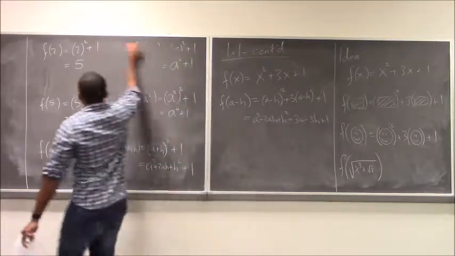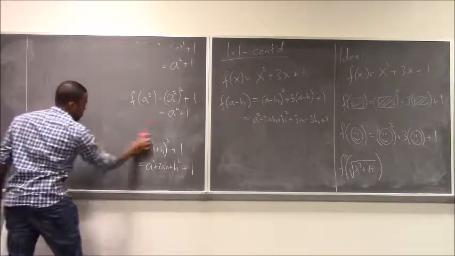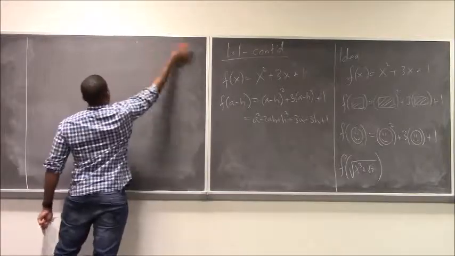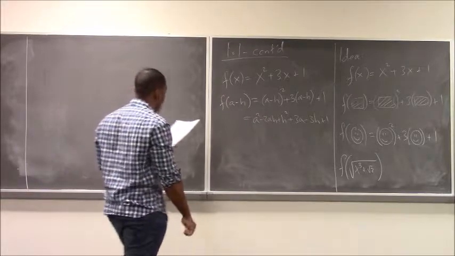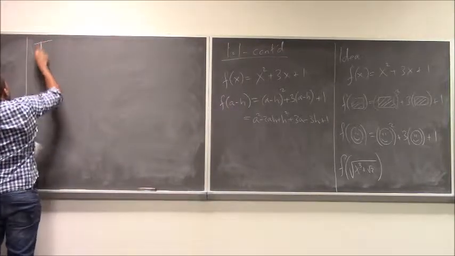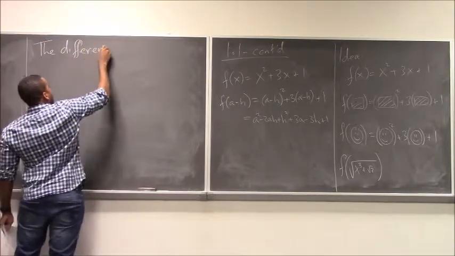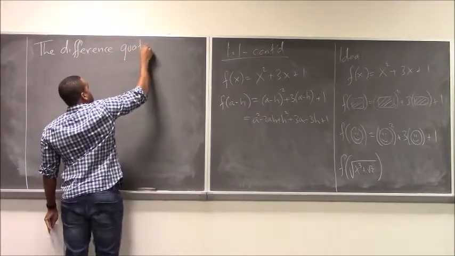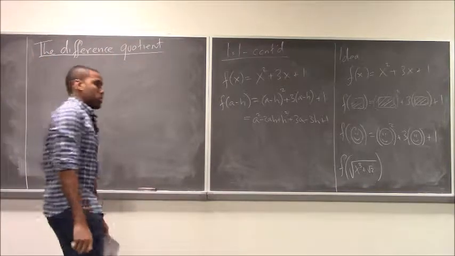It's called the difference quotient. This is an example of a very important composite function, which we'll talk about later as well.